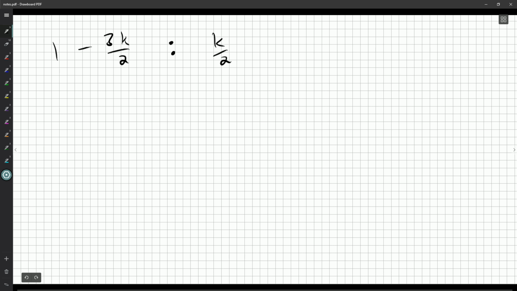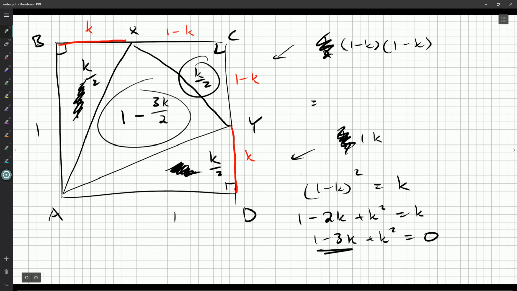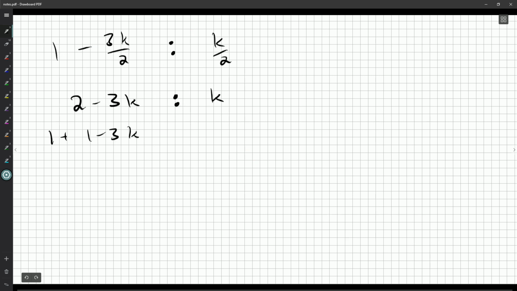Ratios are kept the same if you multiply both sides by the same number, so it's the same as the ratio of 2 minus 3K to K. 2 minus 3K is 1 plus 1 minus 3K, and now I can use this little bit of information. 1 minus 3K is negative K squared. I'll get 1 minus K squared.